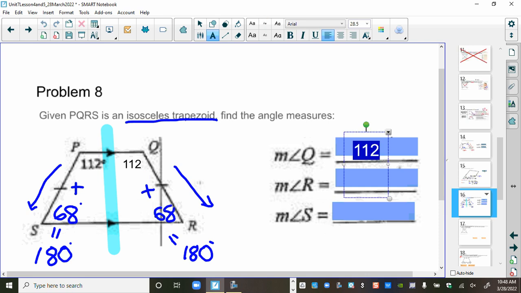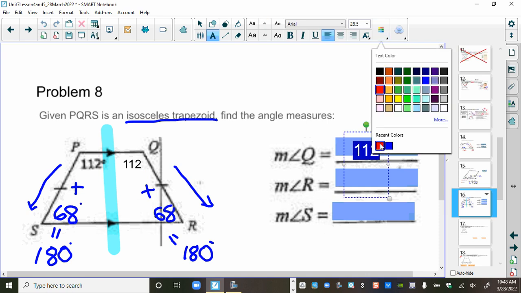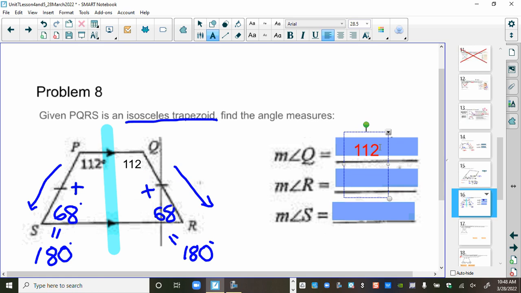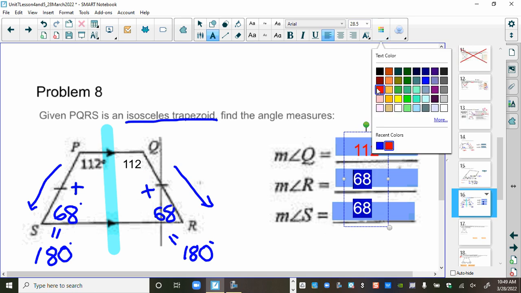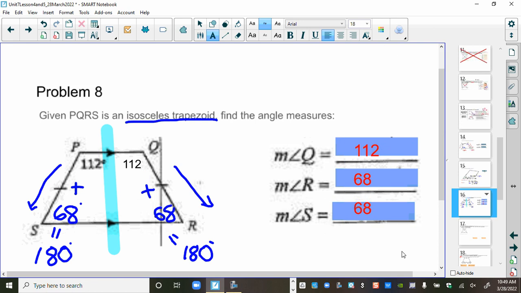Not too bad, right? Questions on that problem? So there's your numbers, 112, 68, 68. Again, consecutives going up and down.